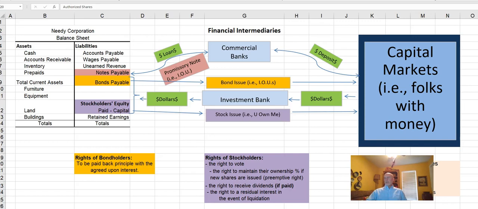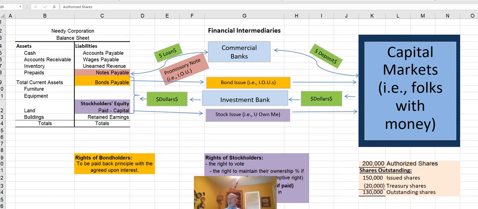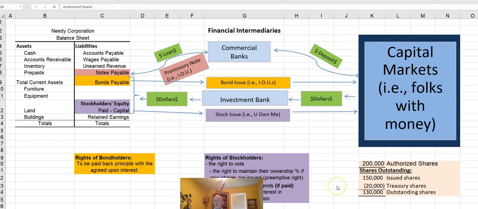Now let me mention when a company incorporates. Corporate law is state law, so different states have different laws regarding how they oversee the corporations.